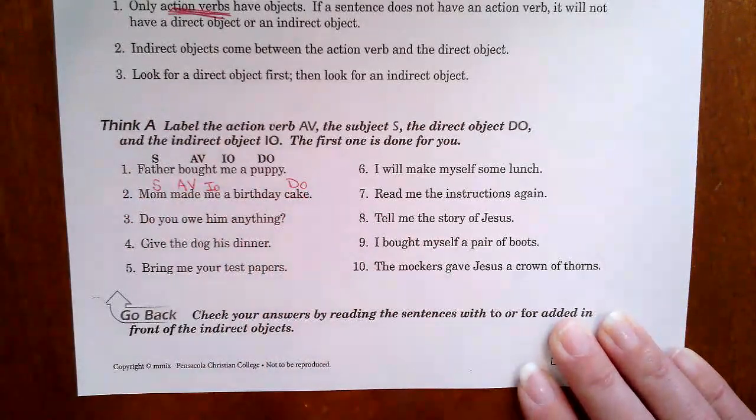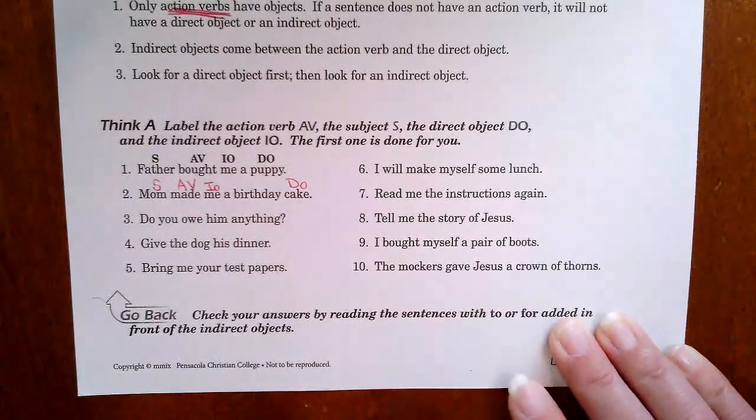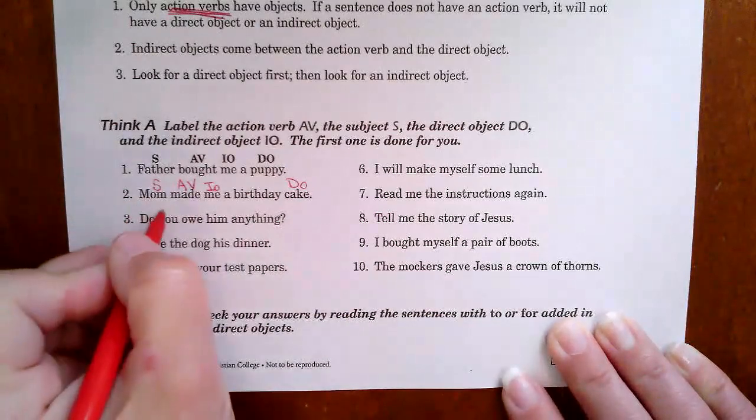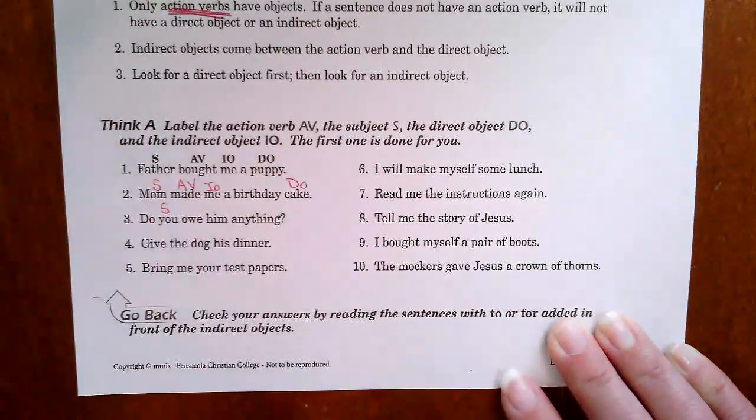Number 3, do you owe him anything? Remember this, when it's a question, we can rephrase it as a statement to give us an idea of what the parts of speech are. So that would be, you do owe him anything. Let's think about this. What is our subject in the sentence? Our subject is you. What is our action verb?